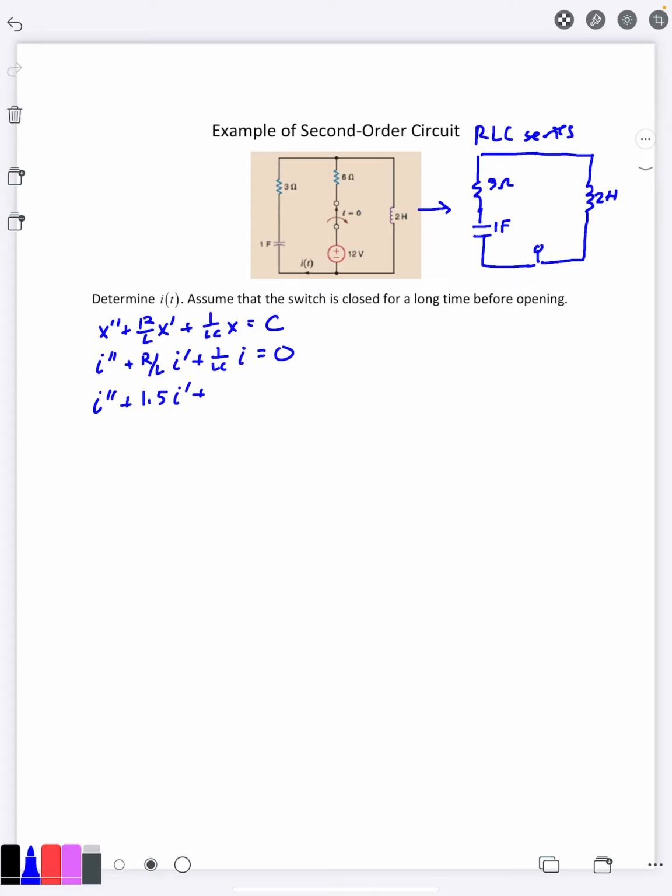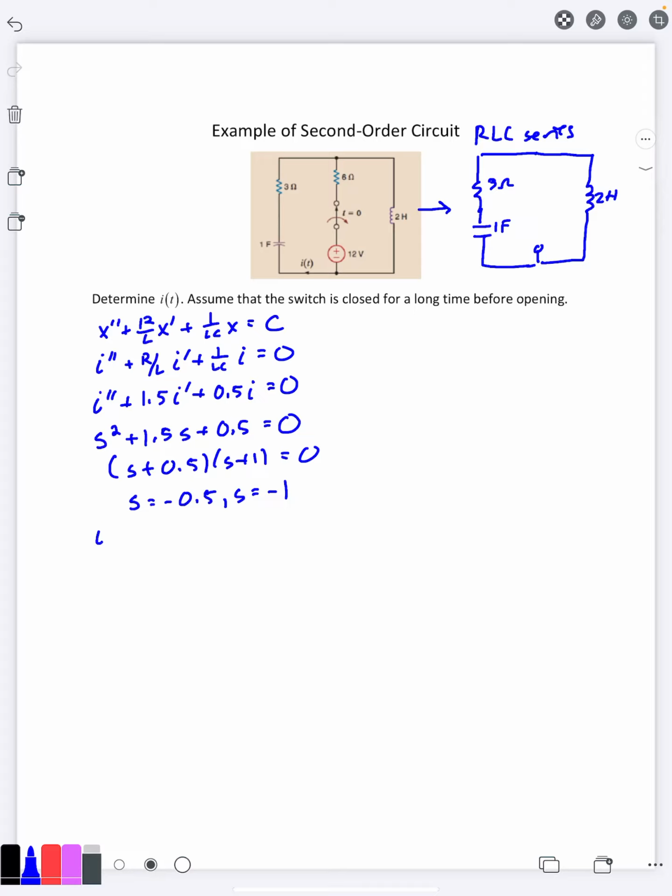And then my 1 over LC is 1 over 1 times 2, which is 1/2, or 0.5 I equals 0, which means I get my default auxiliary equation, s squared plus 1.5s plus 0.5 equals 0. Now at first you'd probably say, well, we can't factor this, it's going to be quadratic formula, but you actually can factor this as s plus 0.5, s plus 1. Which means we get two answers here. One is negative 0.5, one is negative 1.